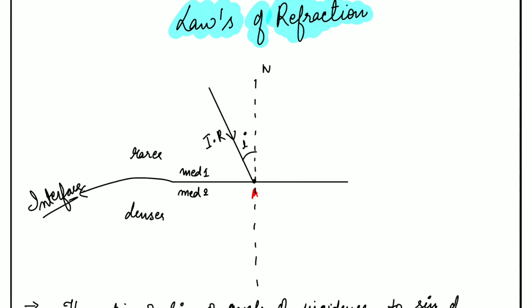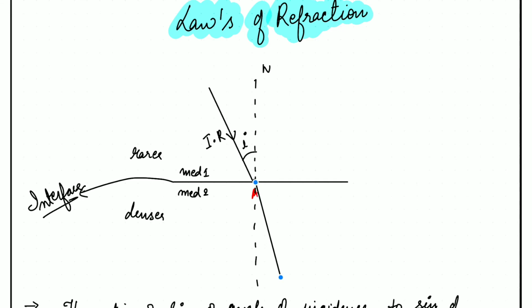Now you have to tell me, we are traveling from rarer to denser medium, so what is going to happen to the light ray? In the previous slide we understood that if your light ray is traveling from rarer to denser medium, it is going to bend towards the normal, right?